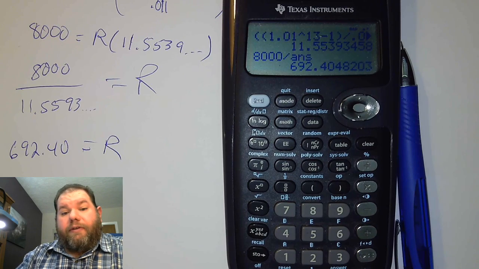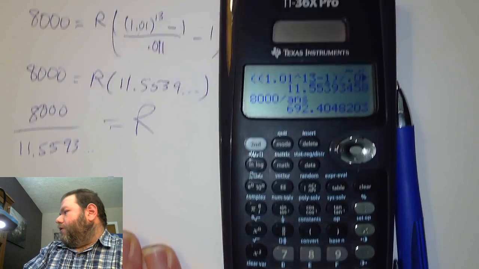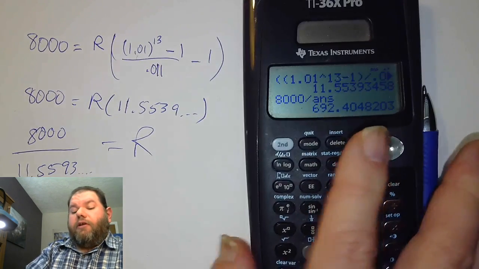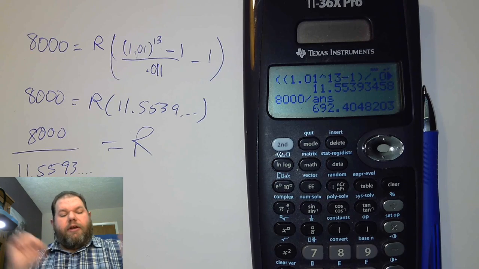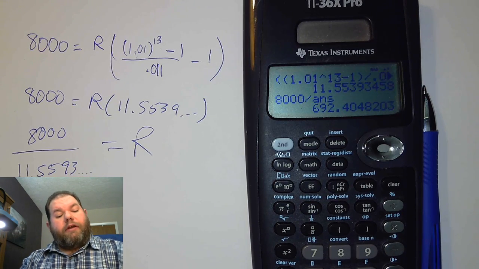So really the key to doing these more involved calculations is using the parentheses buttons wisely and nesting everything together, sort of like an order of operations would simulate.